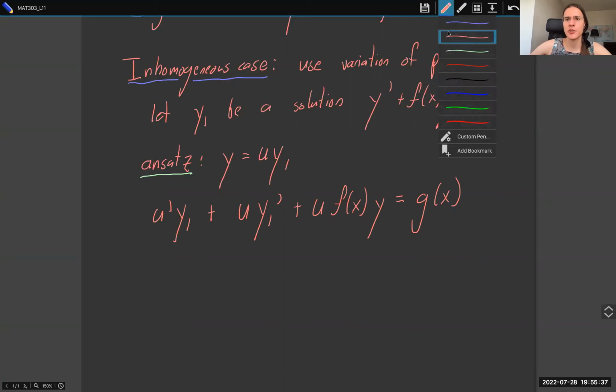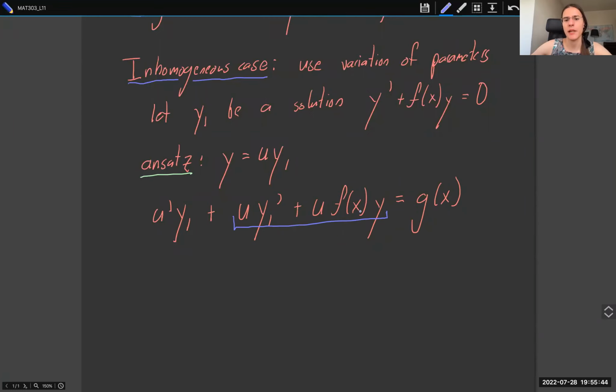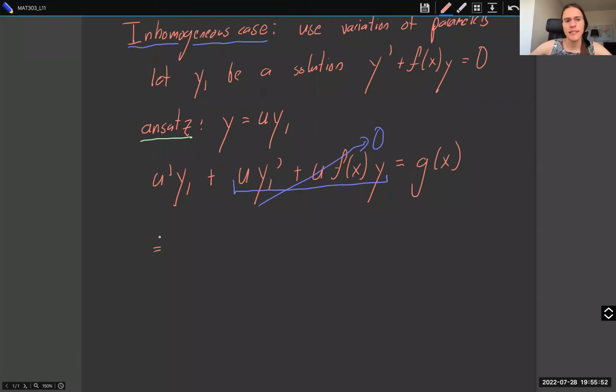But if we look at this term, then this is u times y1 prime plus f of x y1, and that's 0. So as a corollary, we get that u prime, this unknown parameter, is equal to g of x divided by y1.